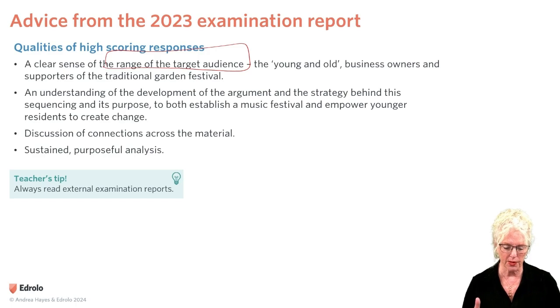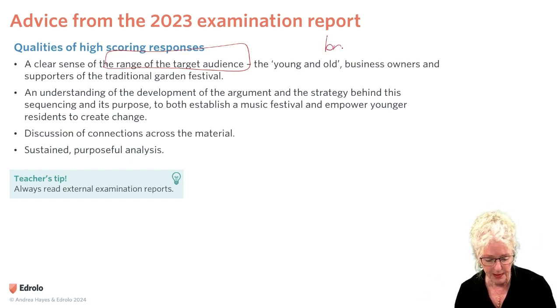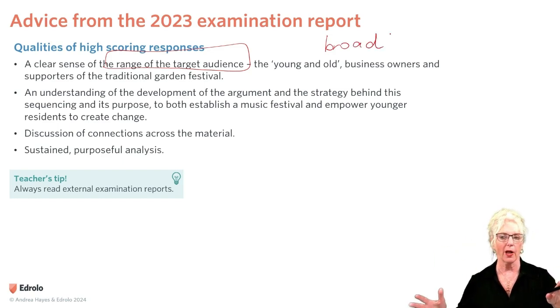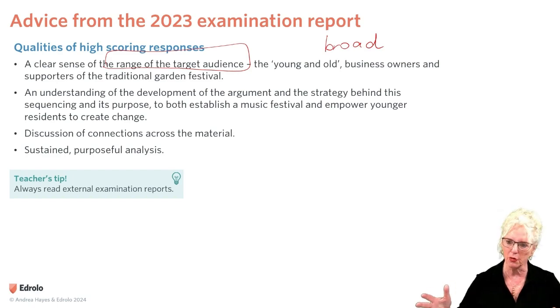So here it was the young musicians, a group wanting to have a musical festival. So they were aiming at citizens who were young and old. So it's quite a broad audience, this one. Business owners, as well as the supporters of this traditional garden festival, which has sort of gone down the tubes a bit.